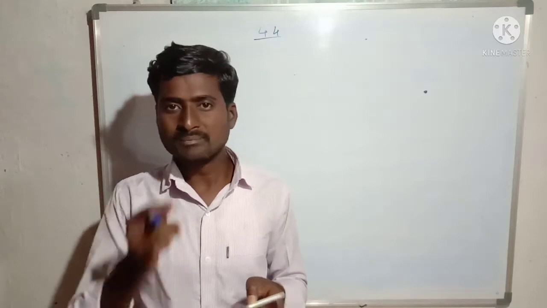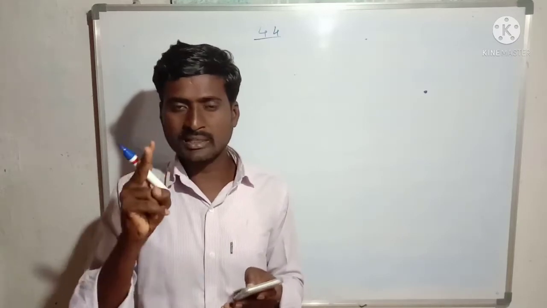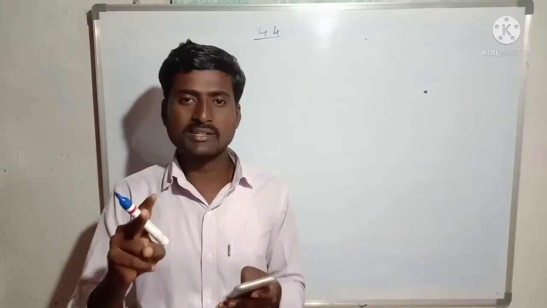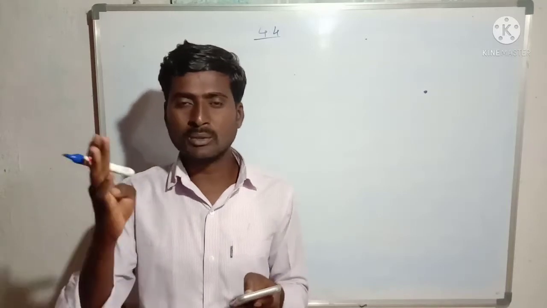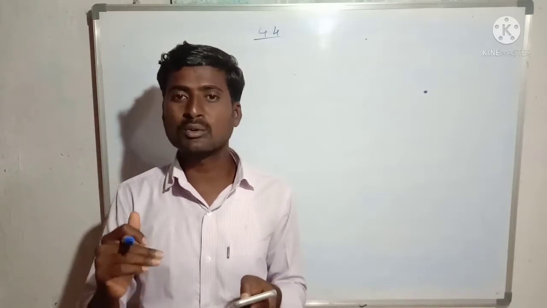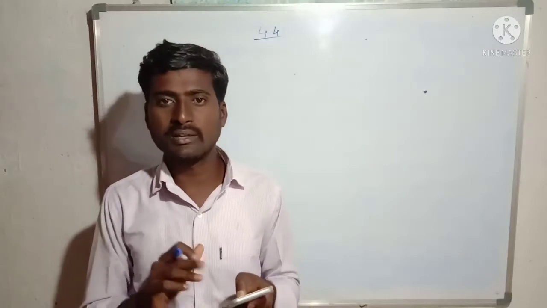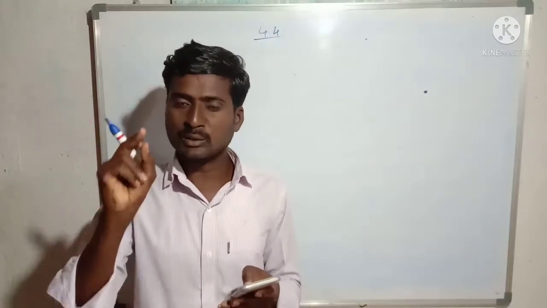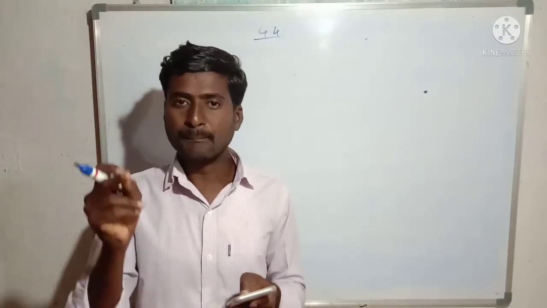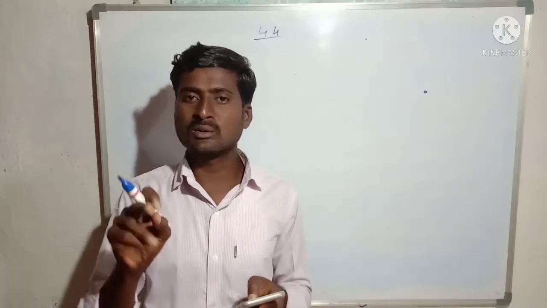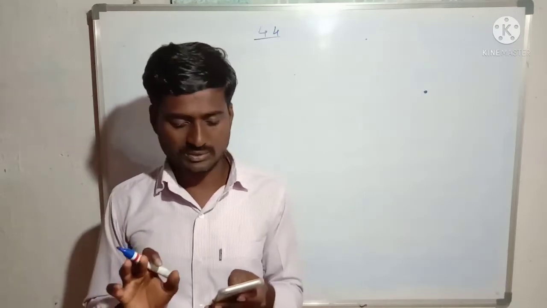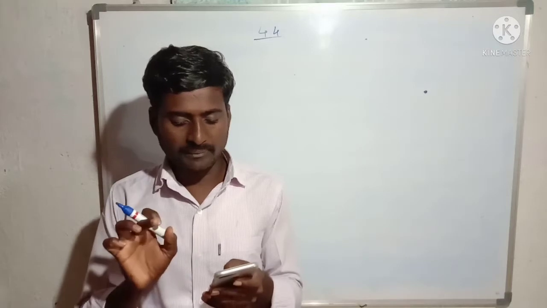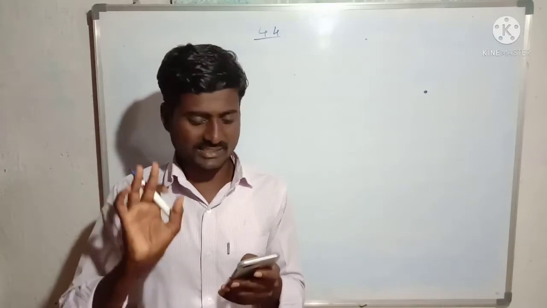So there are two conditions in which the roots are real: b square minus 4ac greater than 0 and b square minus 4ac equal to 0. But if b square minus 4ac is less than 0, then there are no real roots. They ask you to find the real roots if they exist.